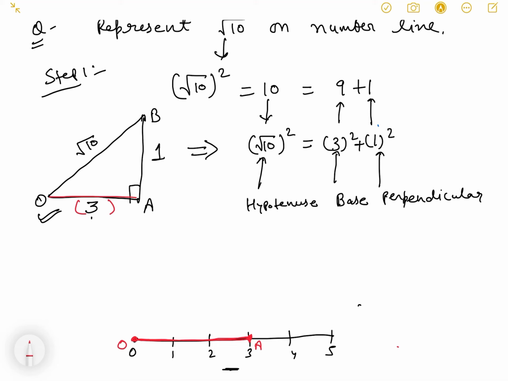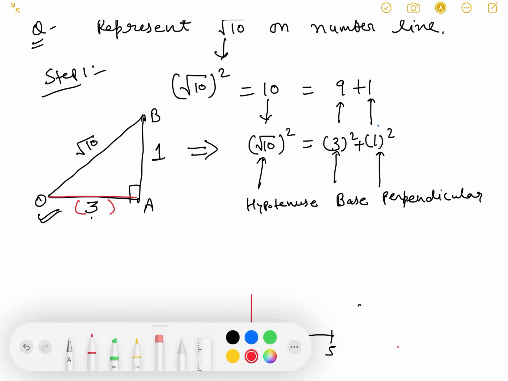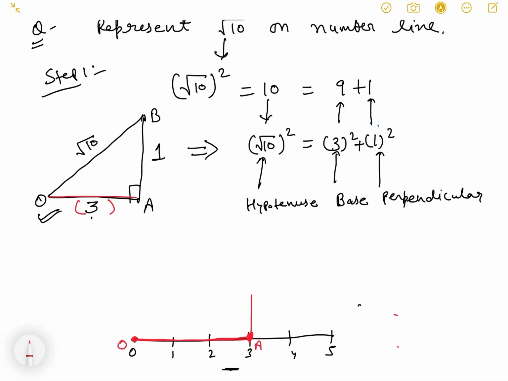And then we will keep our pencil here, and using the scale we will draw a straight line of 1 centimeter as B. We will name it B, and then we will join O and B together.